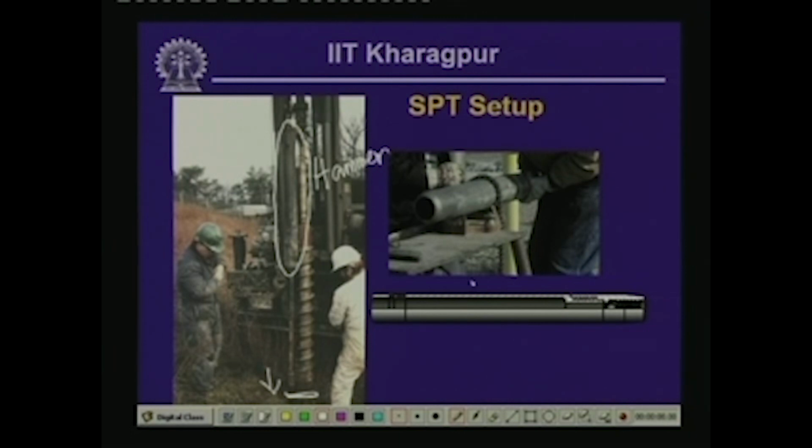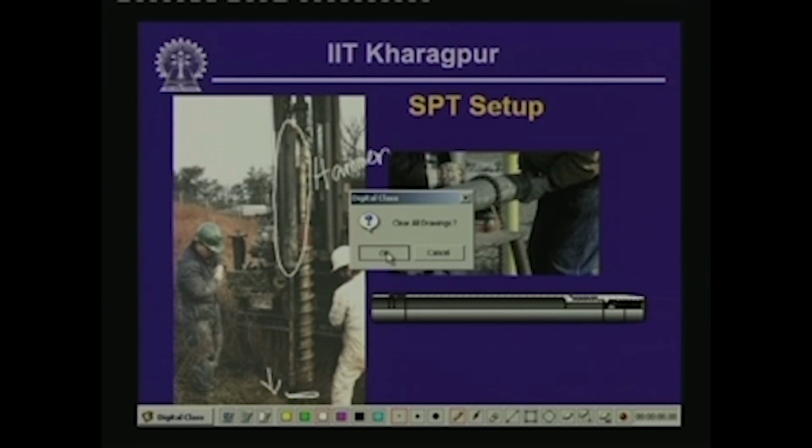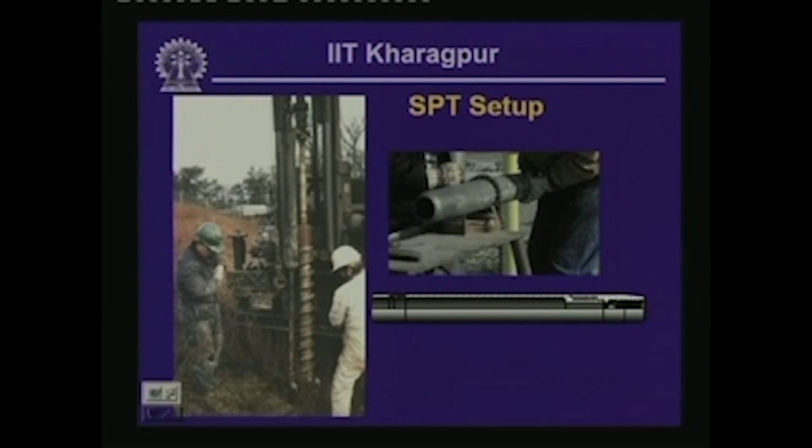The picture on the top right of this slide is the standard SPT split spoon sampler, and a schematic detail of this sampler is shown on the bottom right. We have already seen the details of the construction of this type of sampler in one of the previous presentations, and I am not going to get into the details of this.